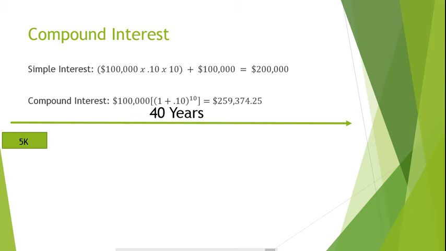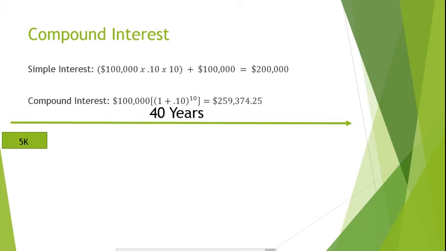If you were to invest $100,000 in an account that earned 10% simple interest that compounded annually, your investment would be worth $200,000 in 10 years. However, if you invested $100,000 in an investment that earned 10% interest per year, but interest was compounded, your investment would be worth $259,374.25.